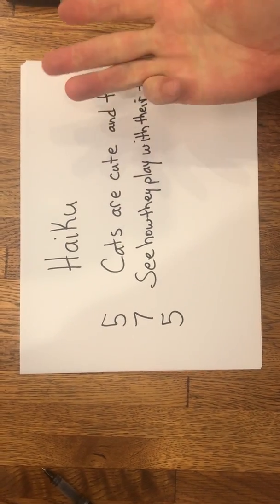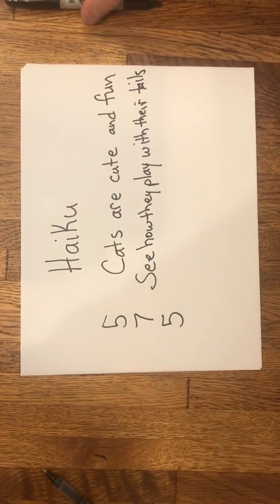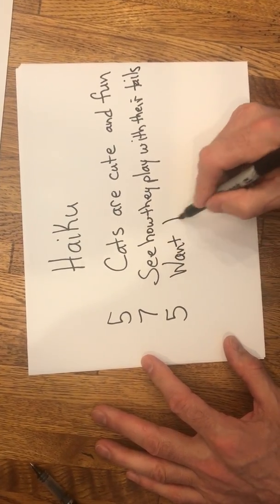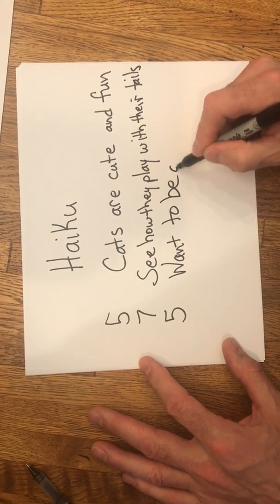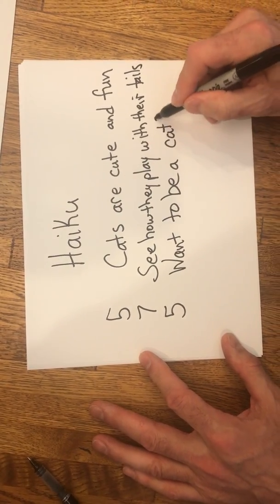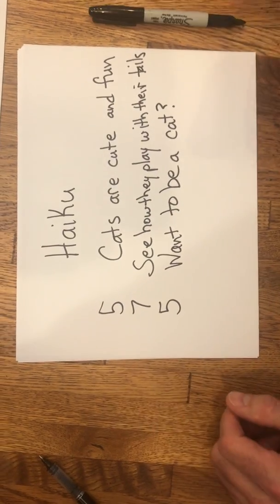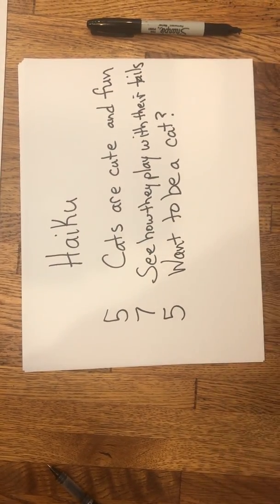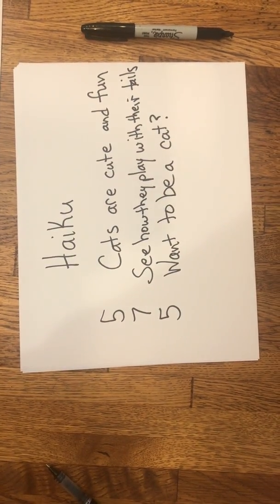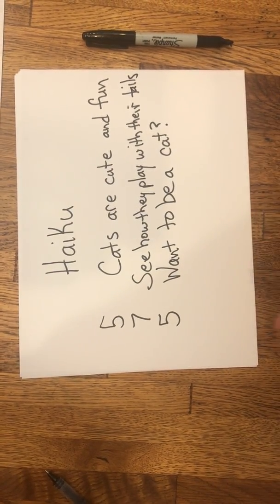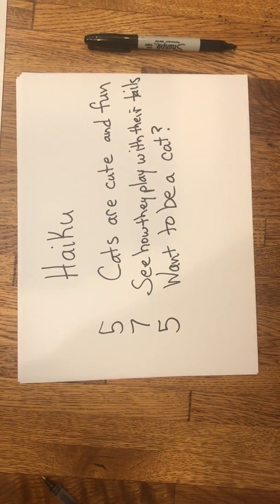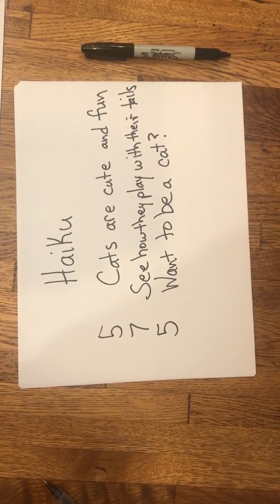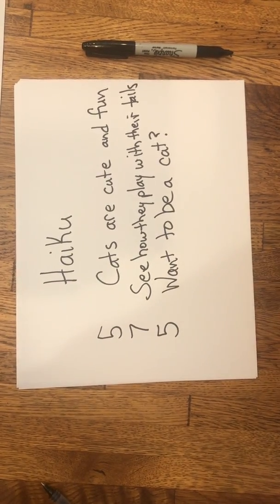And the last one, want to be a cat? Question mark. So our haiku is 5-7-5. Cats are cute and fun. See how they play with their tails. Want to be a cat?